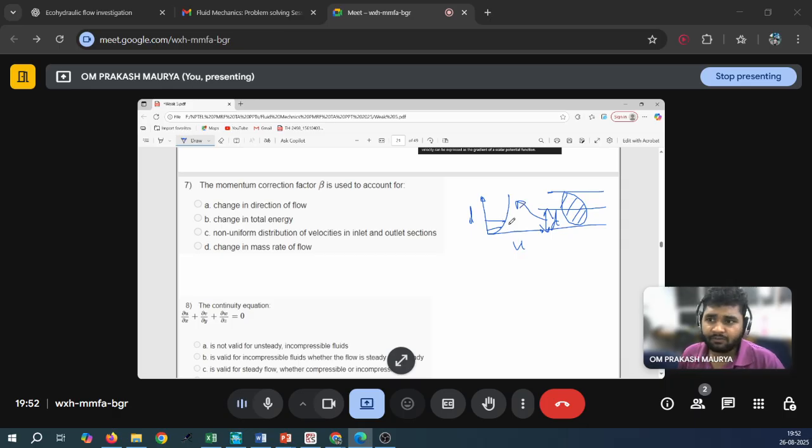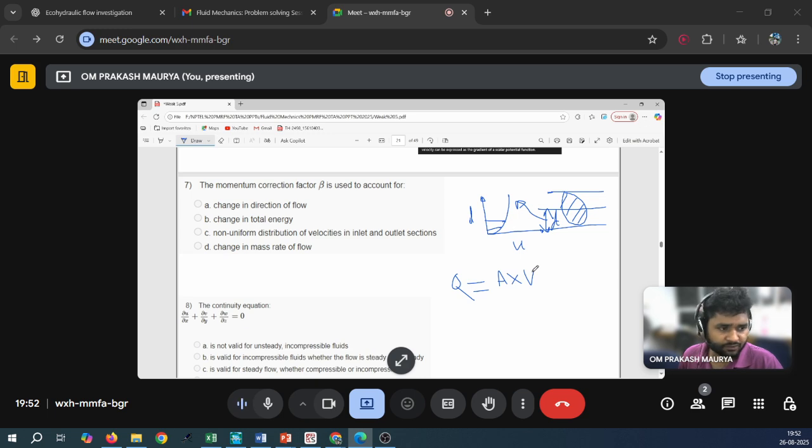As we are moving from the surface of the pipe, your velocity is increasing. But for the correction factor, let us suppose you want to calculate the discharge, so you will use area into average velocity.